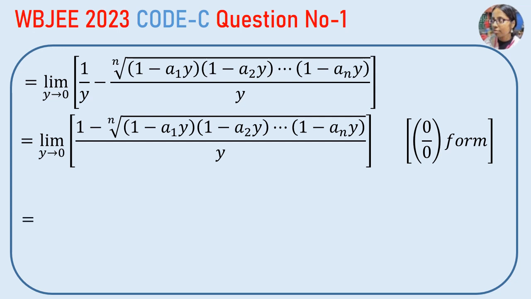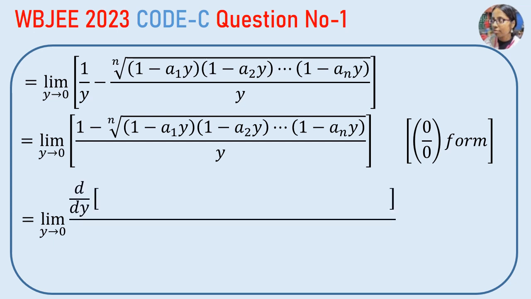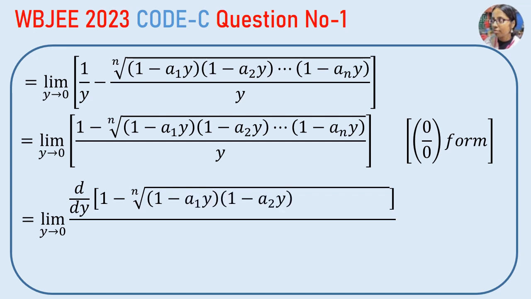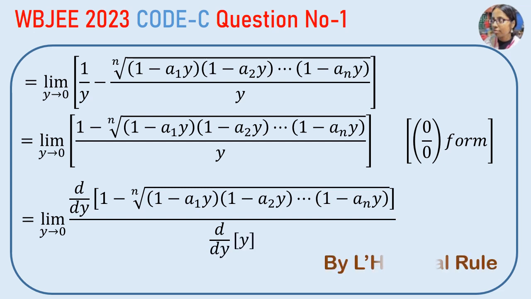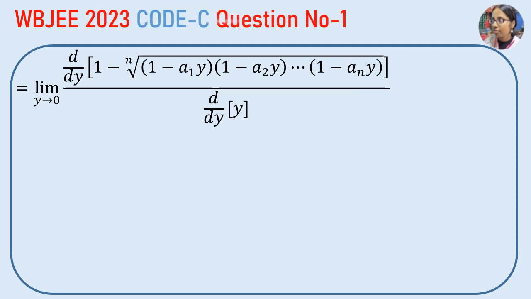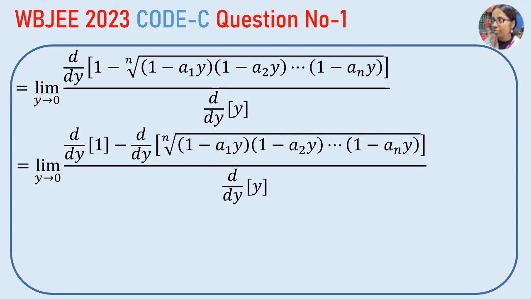By using L'Hopital's rule, we have limit y tends to 0, d dy of (1 minus nth root of (1 minus a1y)(1 minus a2y)...(1 minus any)) divided by d dy of y. And hence we have this expression.